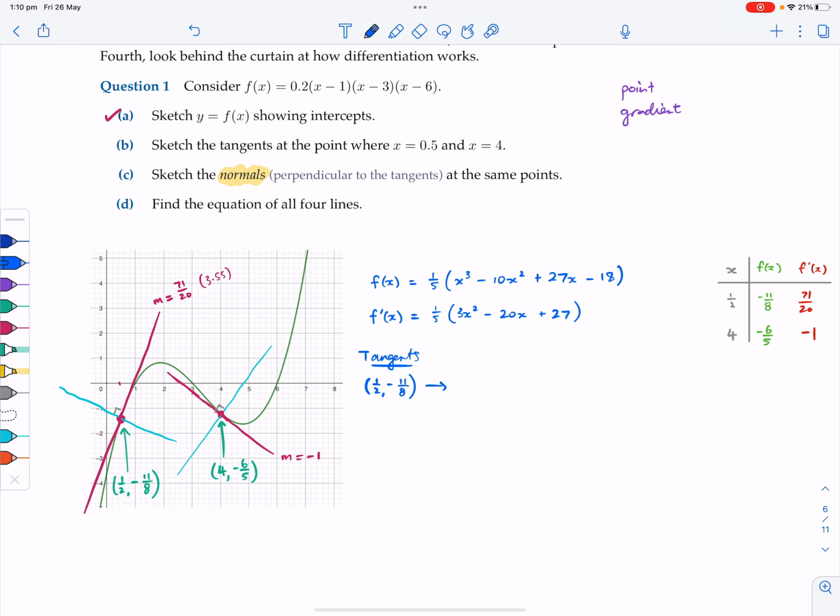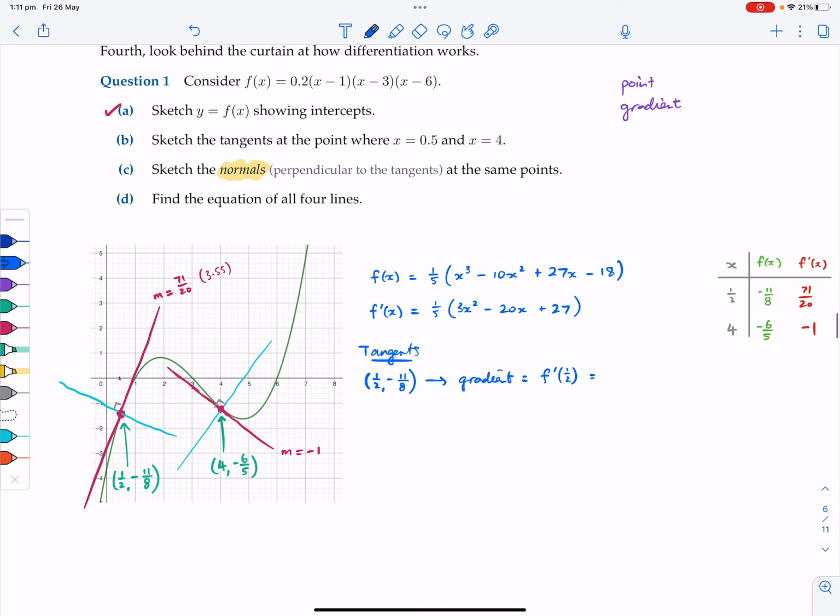And here, the gradient is f dash a half, which equals, right? And so here you would be pausing and calculating. Substitute x equals a half into there, and that equals 71 over 20. Okay, and so now we just have to find the equation of a line. That's y minus y1 equals m outside x minus x1.